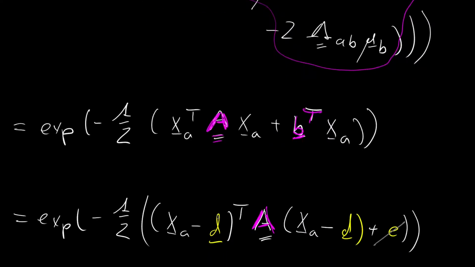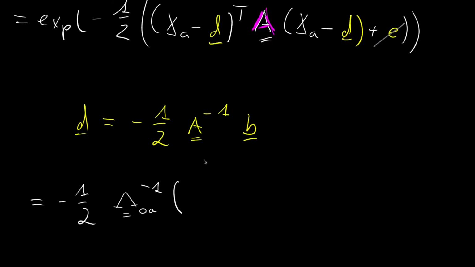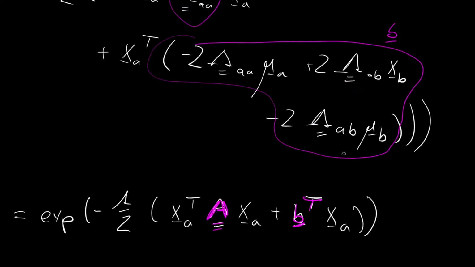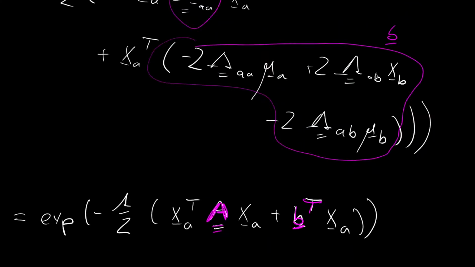B was this entire expression, so it was -2, and let's also factor out this -2 and multiply it with lambda AA times mu A minus lambda AB times (XB minus mu B) in brackets. I hope this makes sense because the lambda AB matrix is a common factor for these two summands.